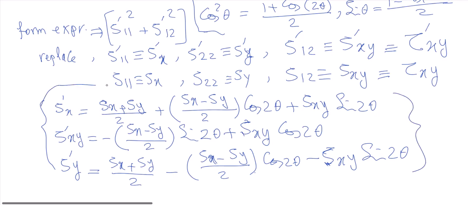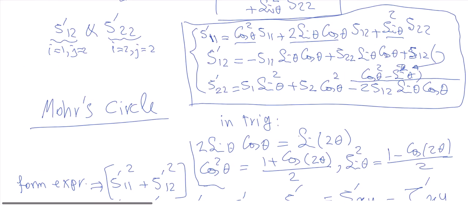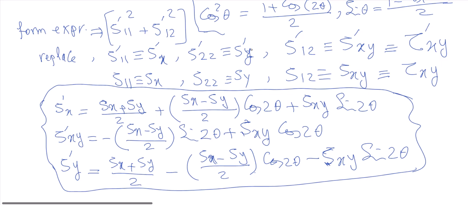So these are the result of writing the theta in our transformed equation. These are transformed equations, the original transform, and then if you write the trigonometric expression in terms of functions of 2 theta, you will get this.